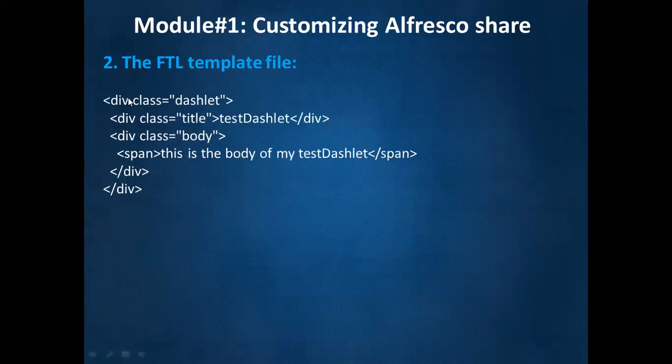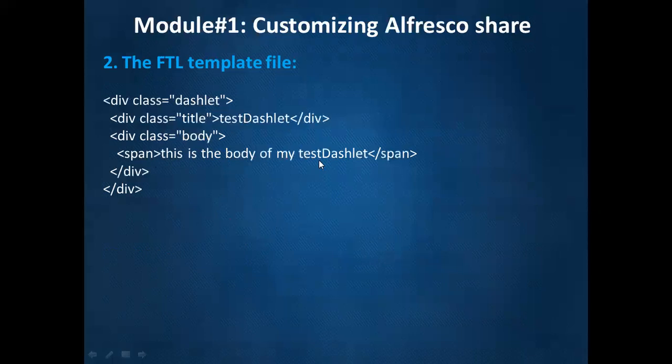So you will write like this: class dashlet, a title, where you will give your title name. As I told you here, I gave this name, test dashlet. I will practice my dashlet with the name test dashlet. My body will be like this.